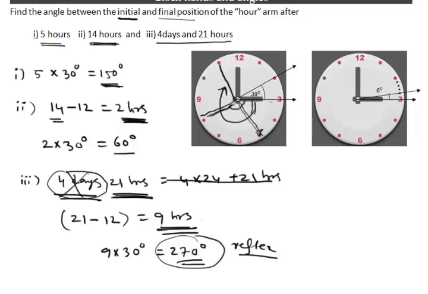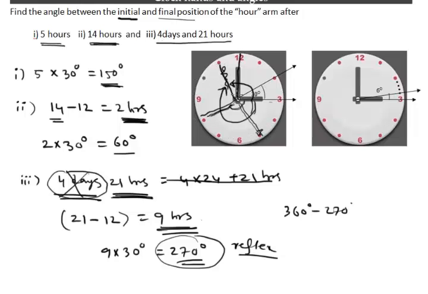And if we want to calculate the other angle between the initial and final position, then we need to subtract from 360 degrees. So 360 minus 270. Basically from here 9 hours, 1, 2, 3, 4, 5, 6, 7, 8, 9, it will come here.